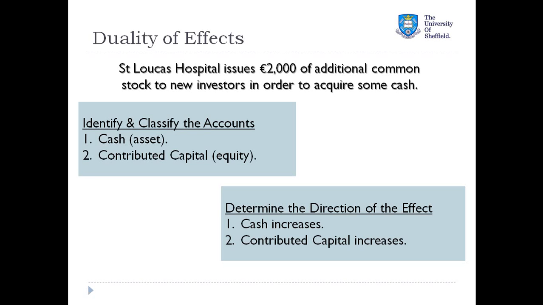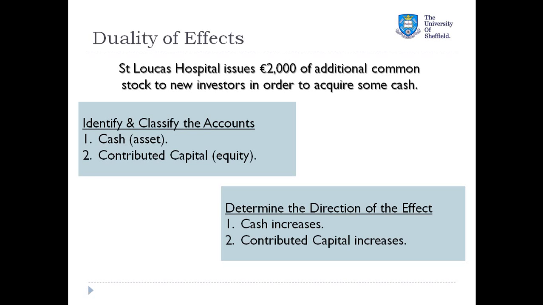What will happen? First of all, when the new investors come, they will provide some extra cash. So this cash is going to be introduced to this entity. So cash will come into the company.